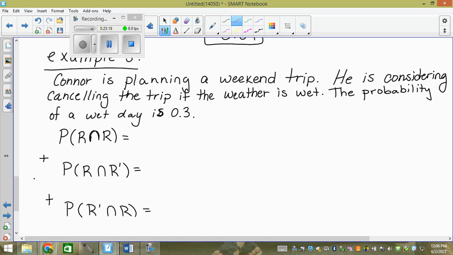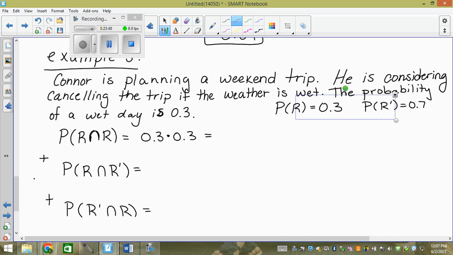So guys, if the probability it'll rain is 0.3, what's the probability it won't? 0.7, because complements add up to what? 1. So probability of rain is 0.3, probability of not rain is 0.7. So I'm going to go 0.3 times 0.3 and get an answer. And then probability it rains and doesn't rain, 0.3 times 0.7.